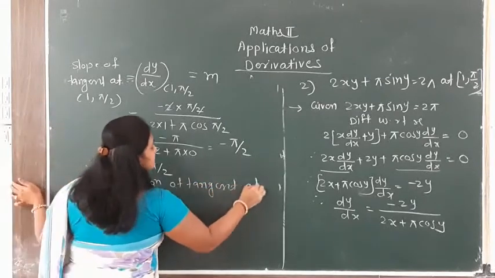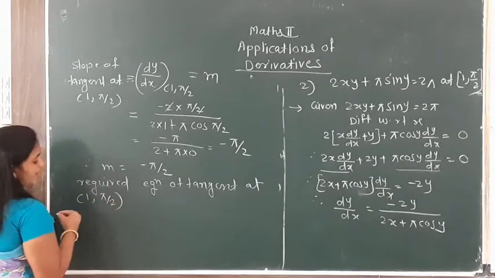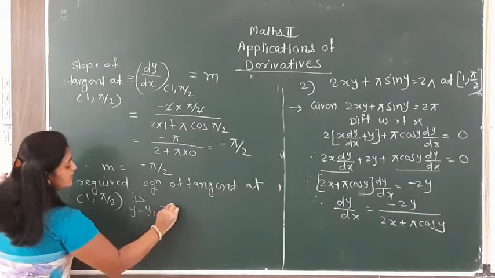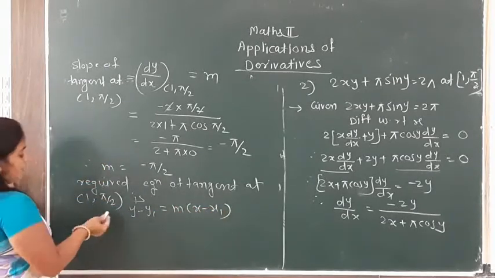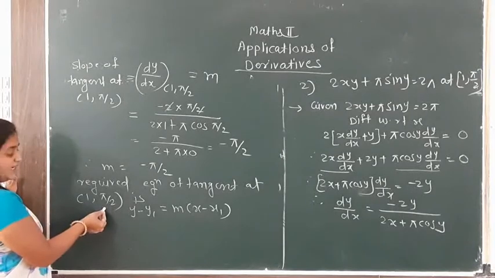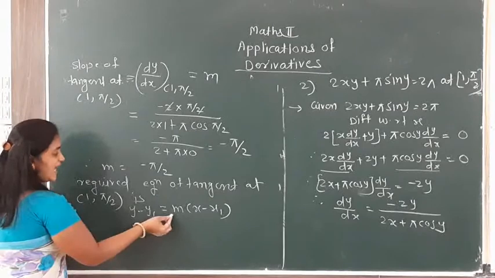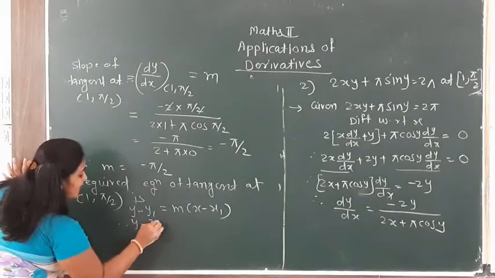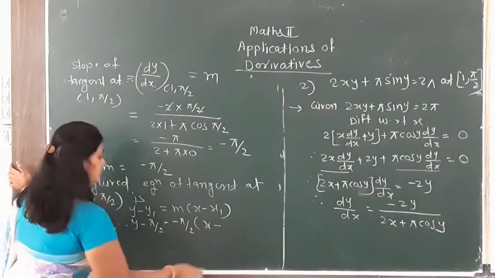So the required equation of tangent at the point (1, π/2) is y − y1 = m(x − x1). Simplify: wherever y1, substitute π/2; wherever x1, substitute 1; and wherever m, substitute −π/2. So y − π/2 = −π/2 (x − 1).